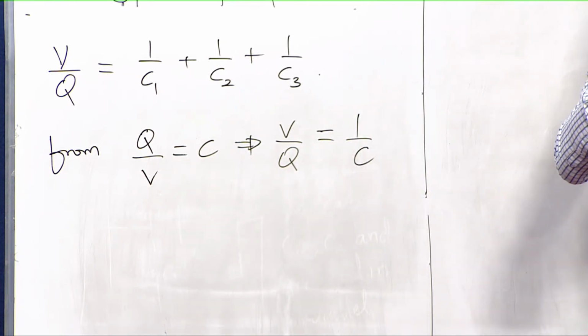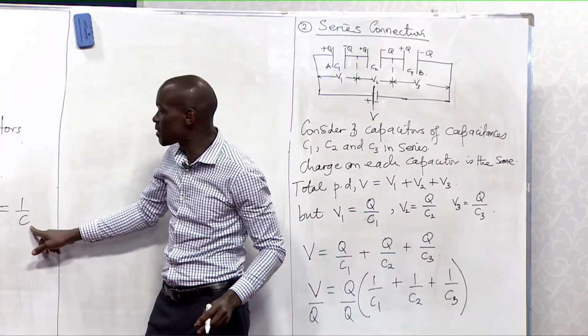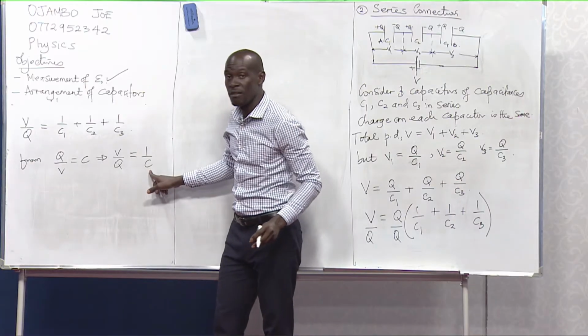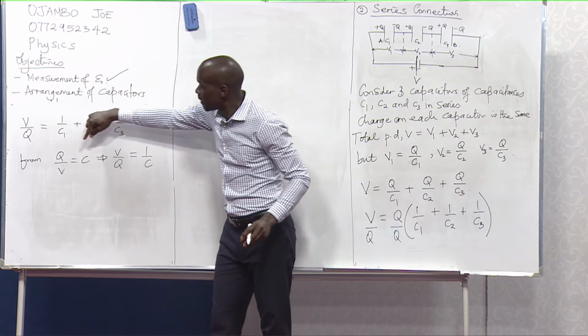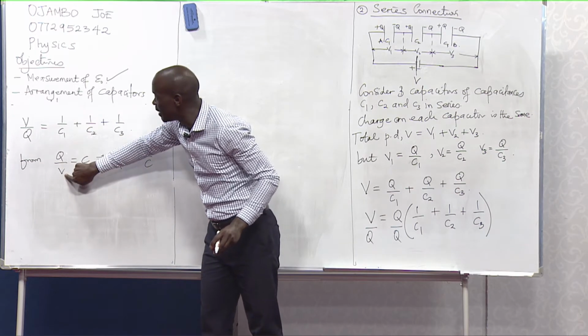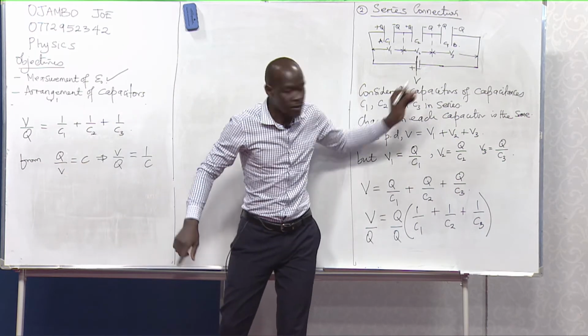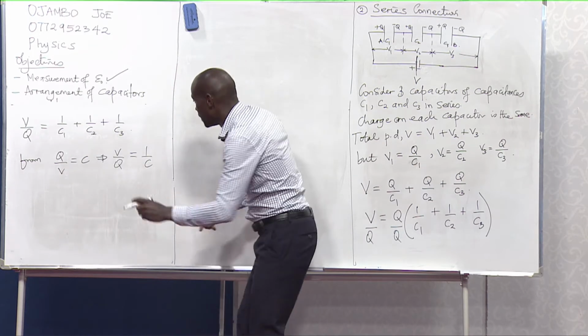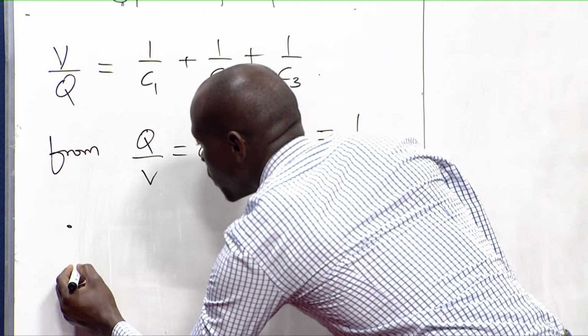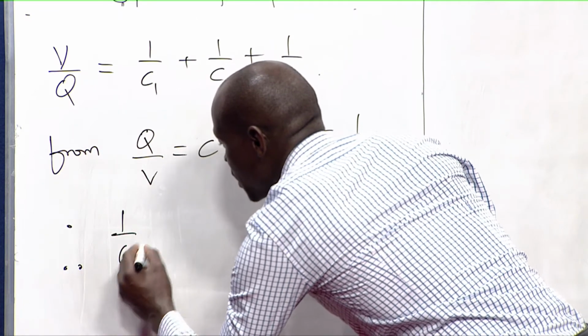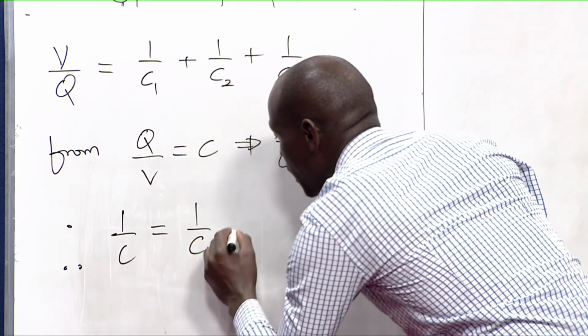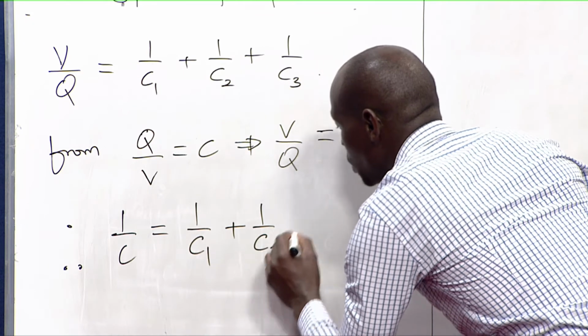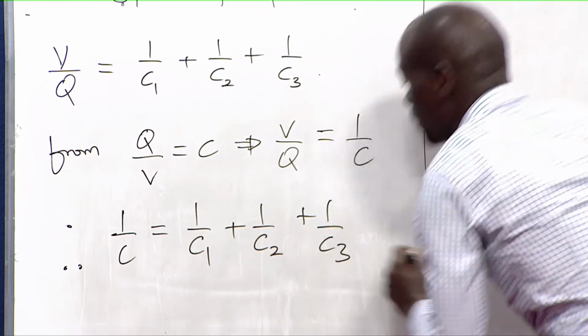Now, from what we have already discovered, C is going to be our effective capacitance. Why? The PD, V, is the total PD from what we have seen here, and the Q is the total charge. Therefore, we can deduce and say 1 over C is equal to 1 over C1 plus 1 over C2 plus 1 over C3.